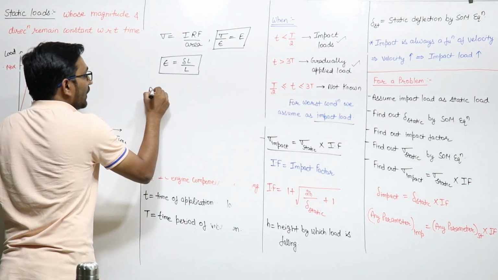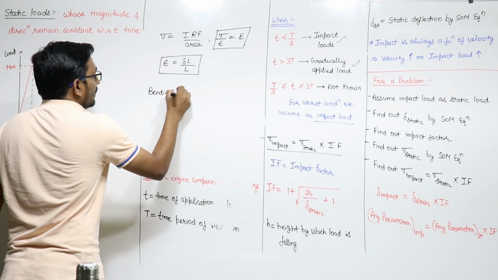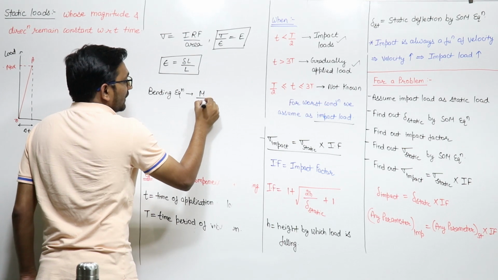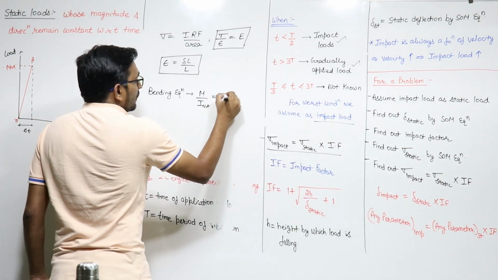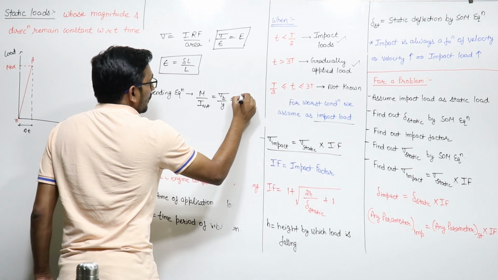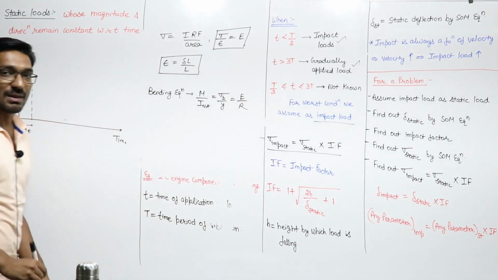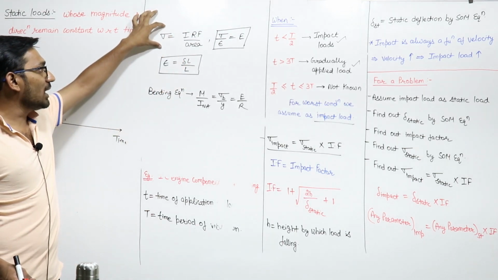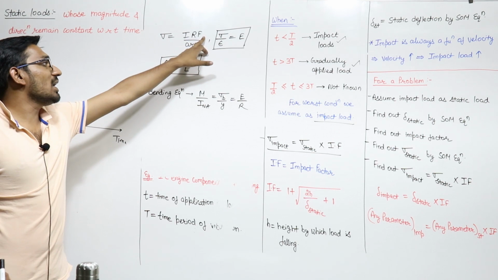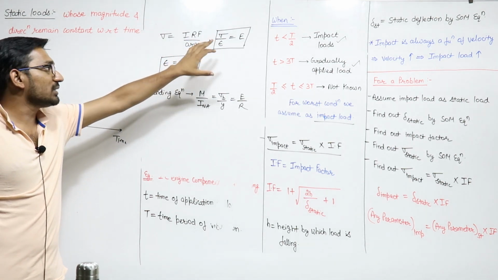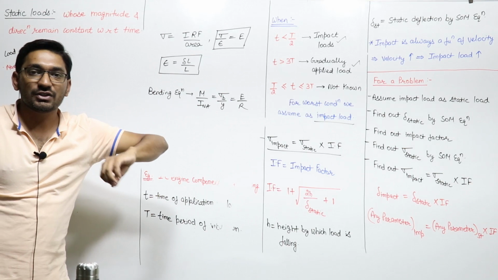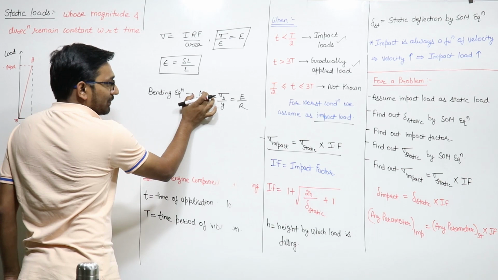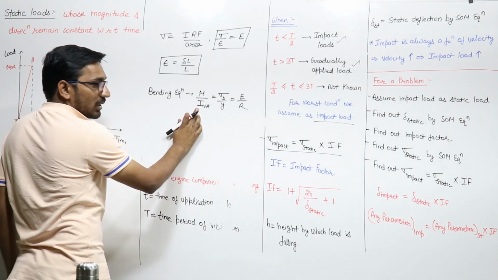If I write the bending equation, we will derive it later, but for your understanding, the bending equation is M upon I is equal to sigma b upon y is equal to E upon R. In the normal stress equation, the internal resisting force or the load which is acting is assumed to be a gradually applied load, and in the bending equation, M is the bending moment and I is the moment of inertia.